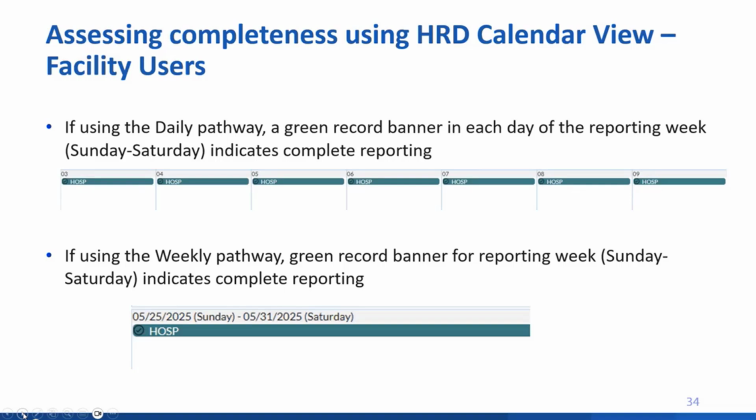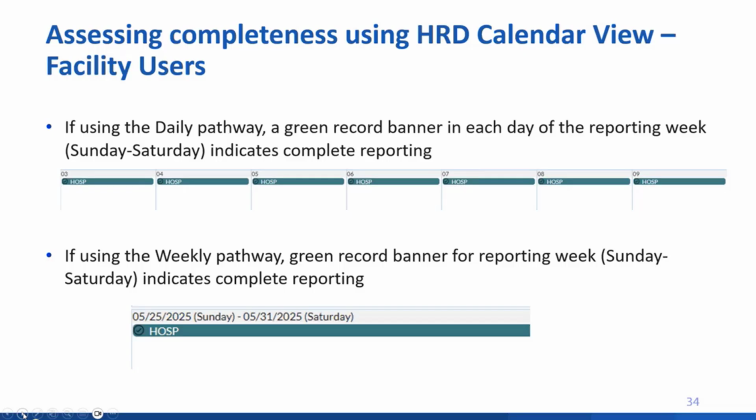So when you're using the weekly pathway, you are submitting the data elements for that week. As you can see here in the example screenshot, it was the week of May 25th through May 31st. That's a Sunday through a Saturday. And again, that green record indicator shows that all of the fields have been completed for that submission within the NHSN application.